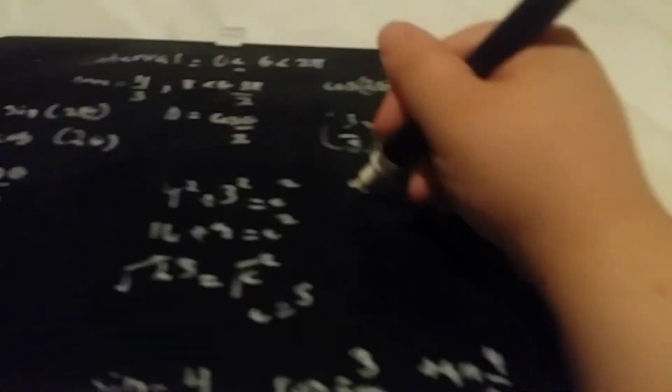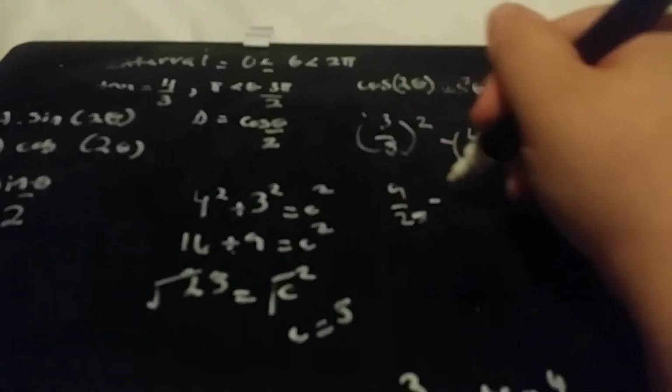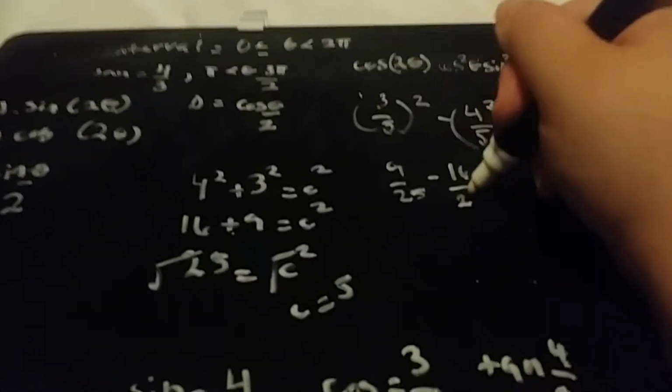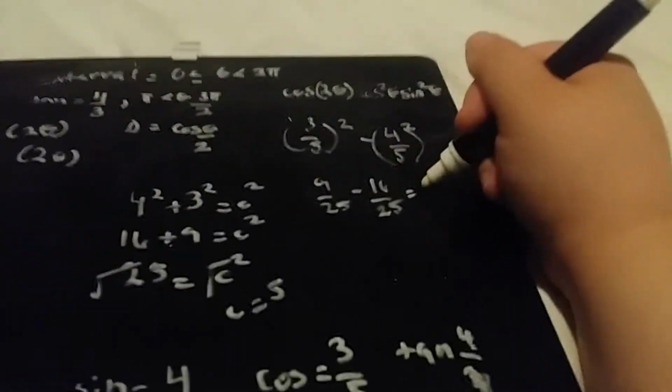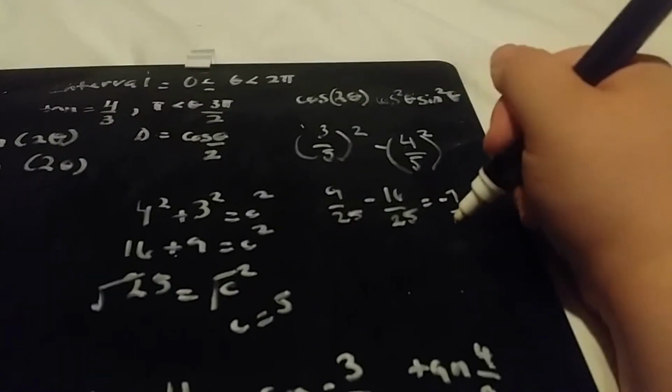This leaves us with 9/25 minus 16/25 equals -7/25 for answer B.